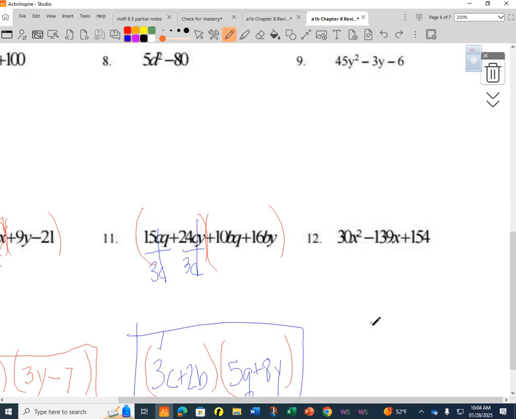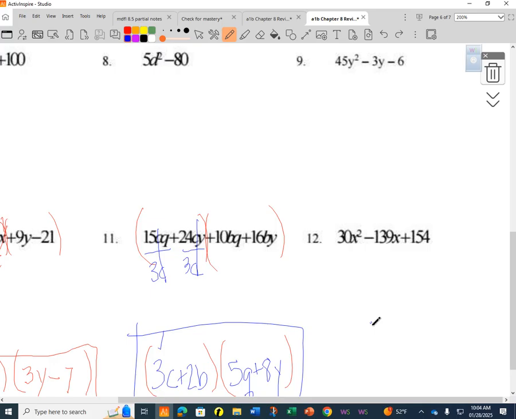139. So the way I look, they're not divisible by 2. They're not divisible by 3. You know how I know they're not divisible by 3? What's the trick? The trick for 3: 3 plus 0 is 3. 3 is divisible by 3, so 30 is.